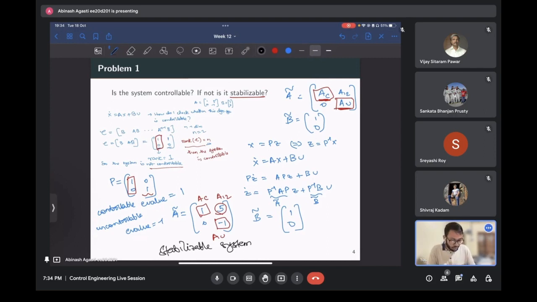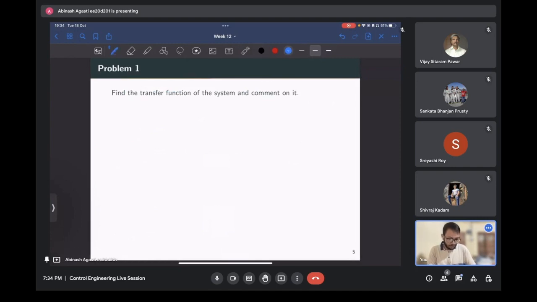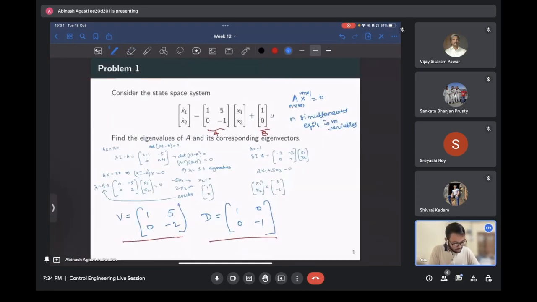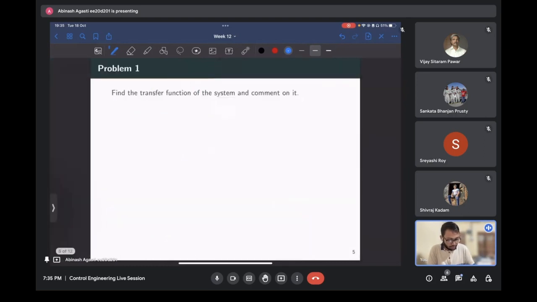Okay. So this is how you find out whether a system is controllable and further whether it is stabilizable. Then find the transfer function of the system and comment on it. Let us assume some C value. x dot equals Ax plus Bu and y equals Cx plus Du.